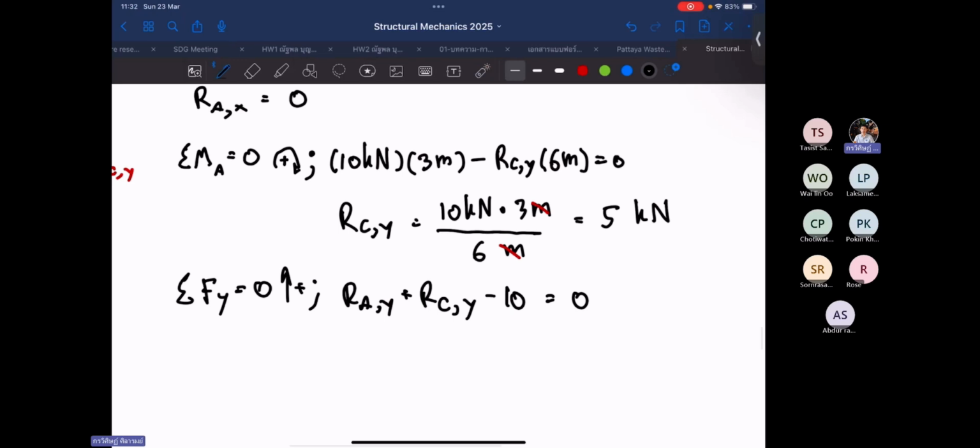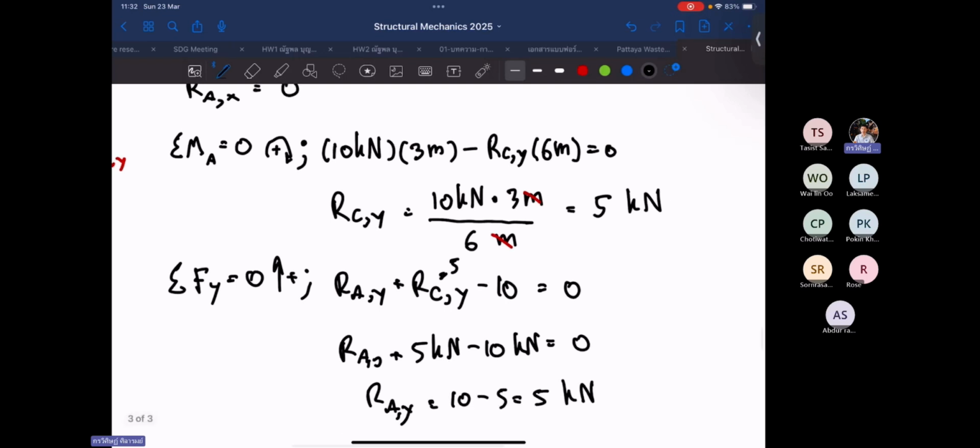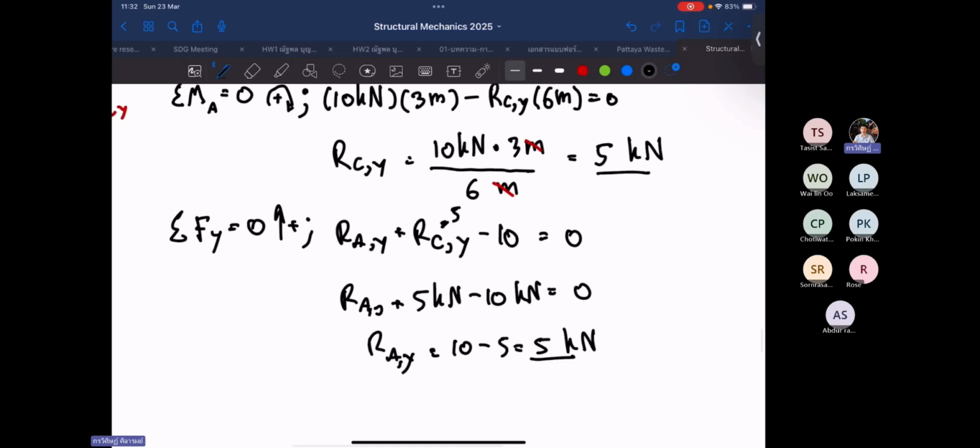Then RCY we already know equals 5, right? So RAY plus 5 kilonewton minus 10 kilonewton equals 0. So RAY alone equals 10 minus 5 equals 5 kilonewton. Then we are good to go.